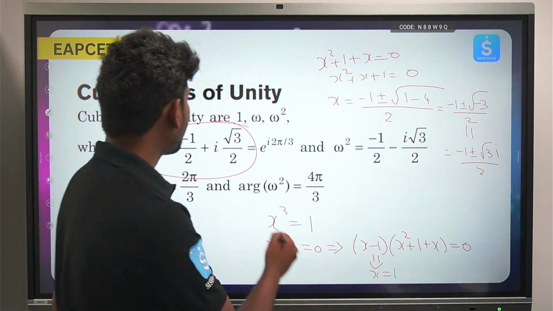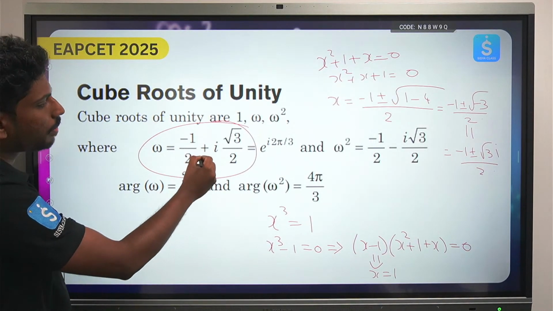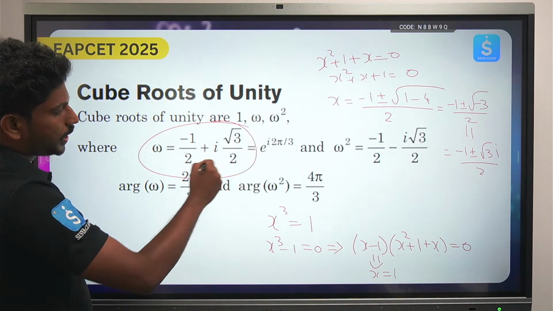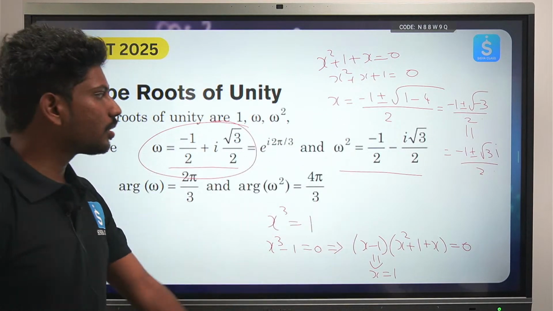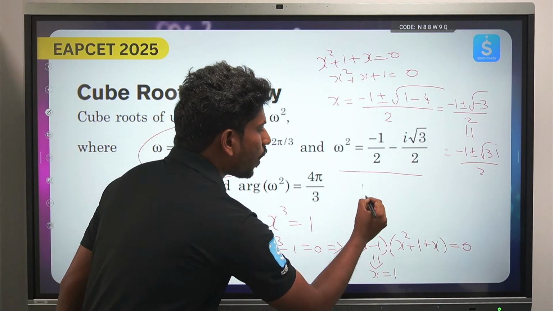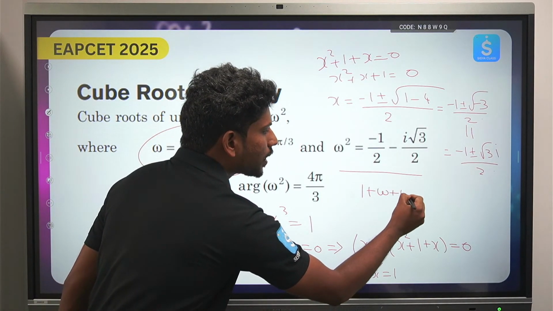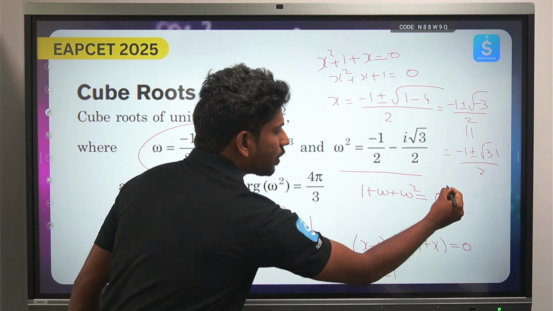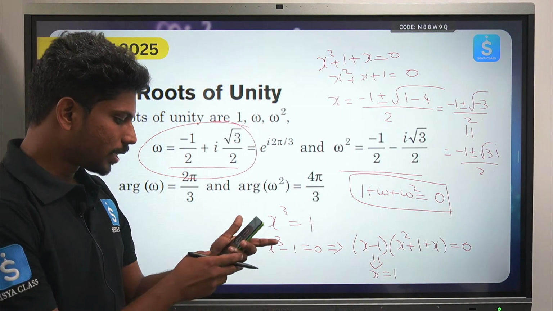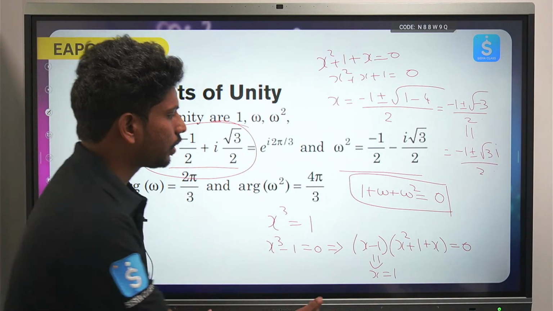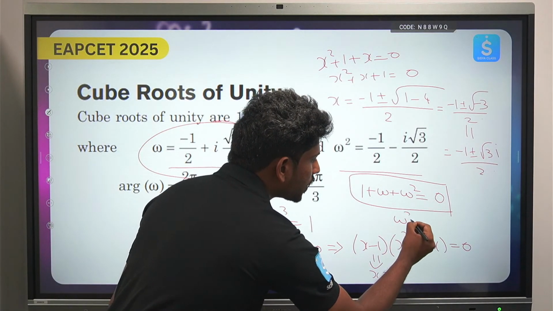That is how he denotes it: minus 1 by 2 plus i root 3 by 2, and the other one is omega square. The relation here is 1 plus omega plus omega square equals 0, and you can also say omega cube equals 1.